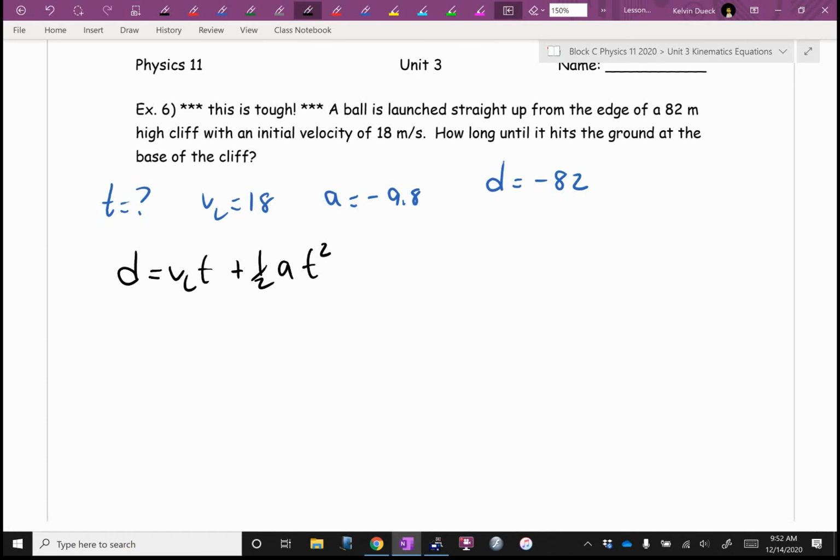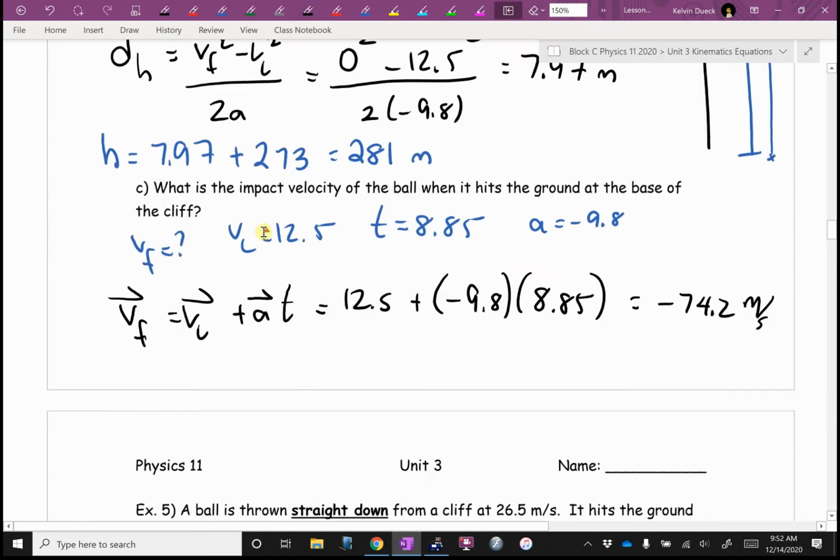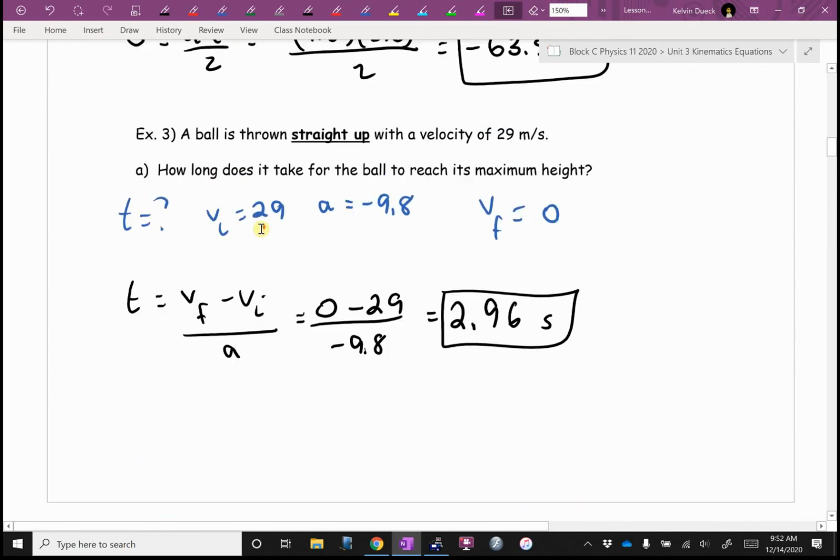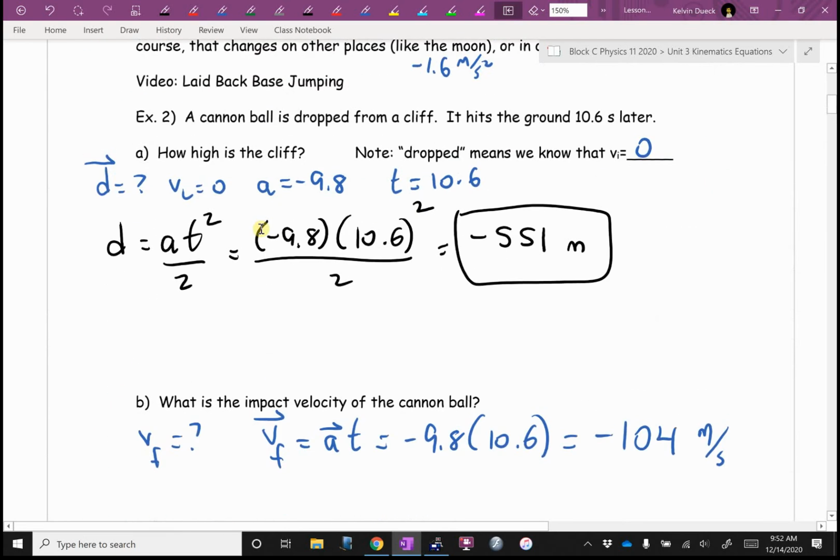How many T's are there in this equation? Now, we did solve for T last day, but in that question, VI was 0, and so we only had one half AT squared, only a single T.